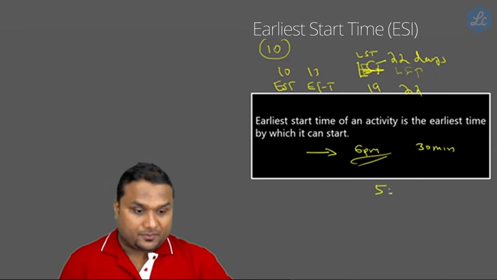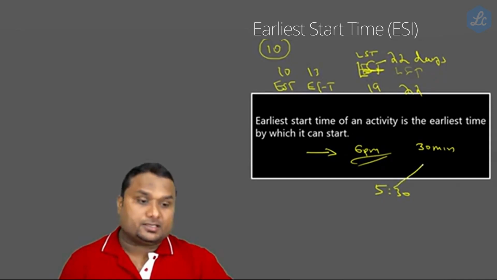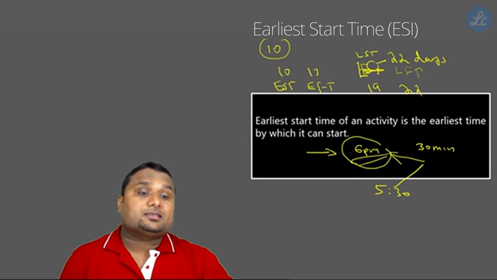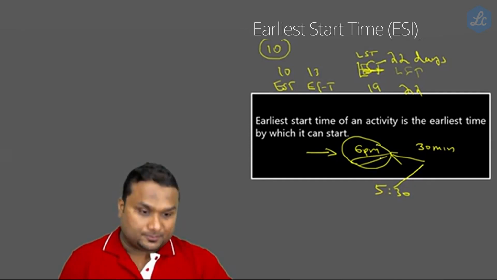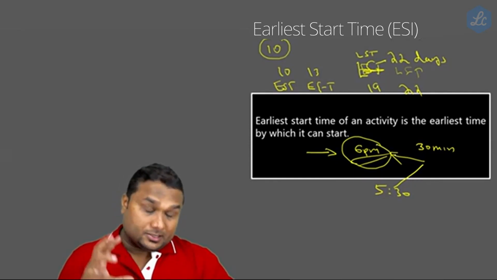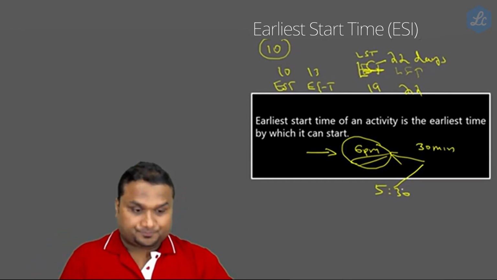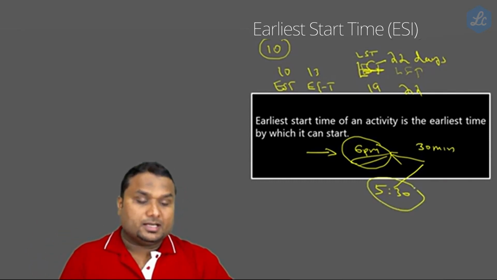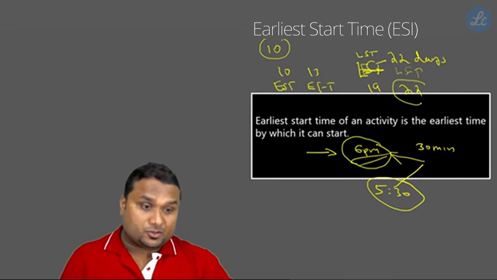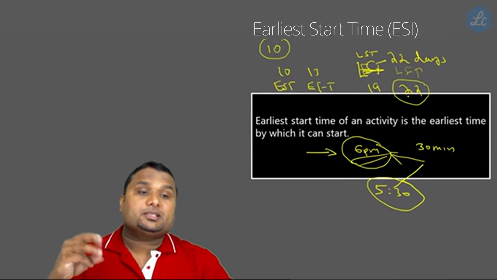If you start by 5:30, you will reach sharply by 6 o'clock. 6 o'clock is the last time you are supposed to reach home, and it requires 30 minutes. Same logic. The job has to be finished on the 22nd. And how many days do you require?